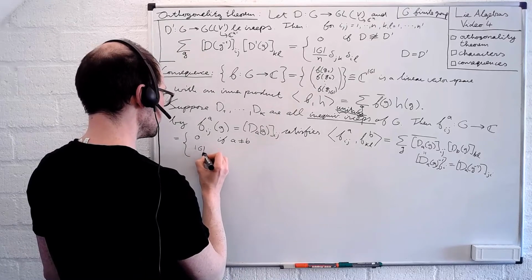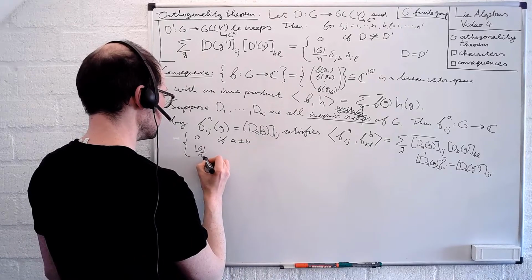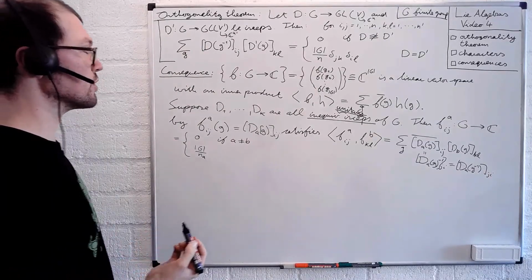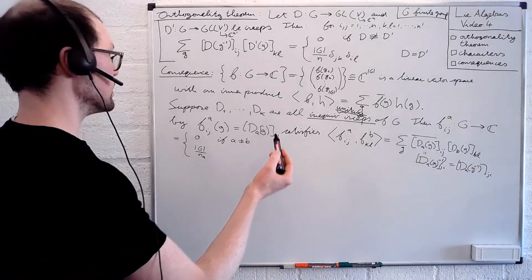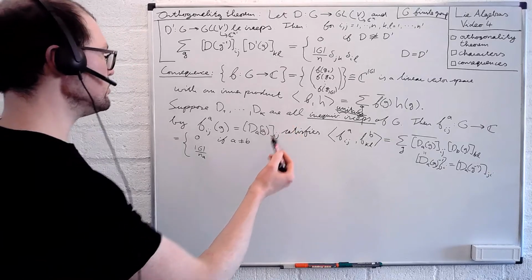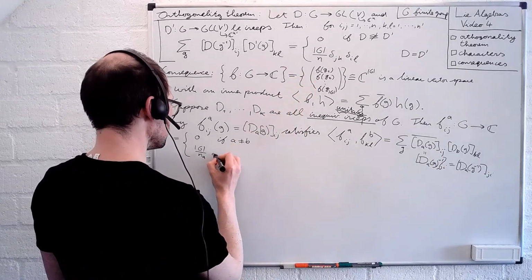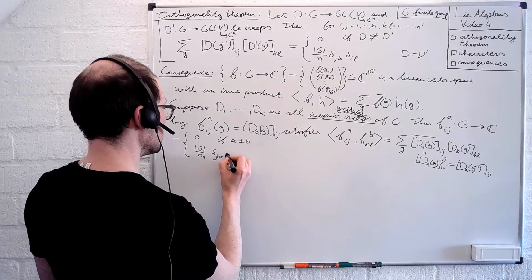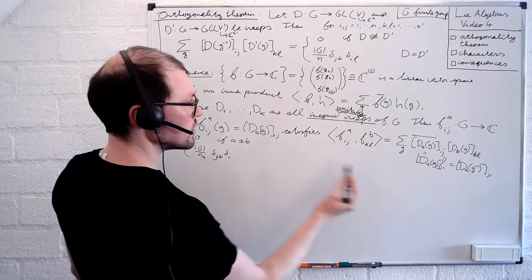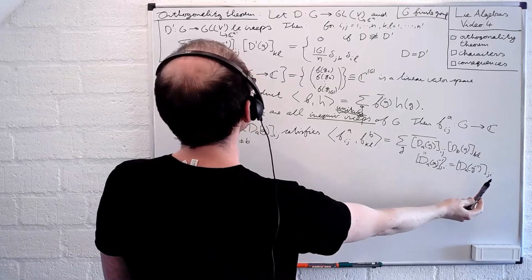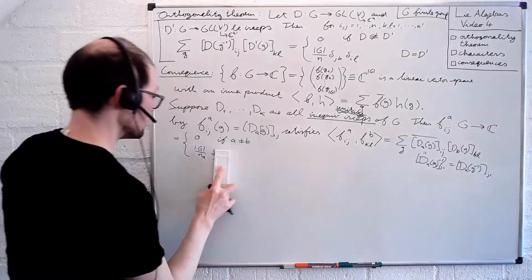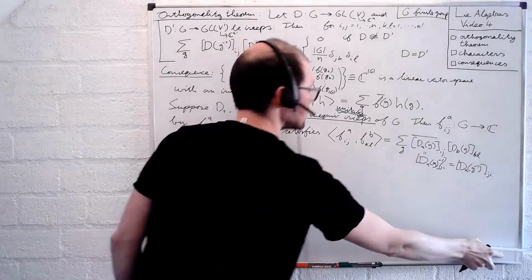It's given by order of G over the dimension of the a-th irreducible representation, and then delta. Here the two indices are actually swapped, so this is not delta of jk.